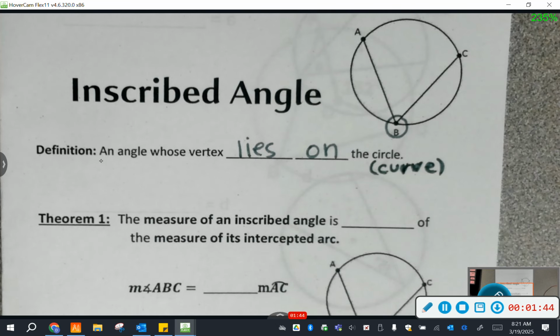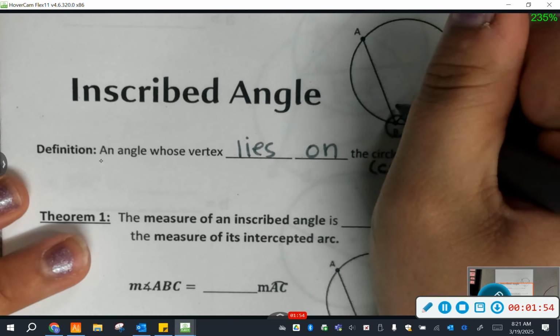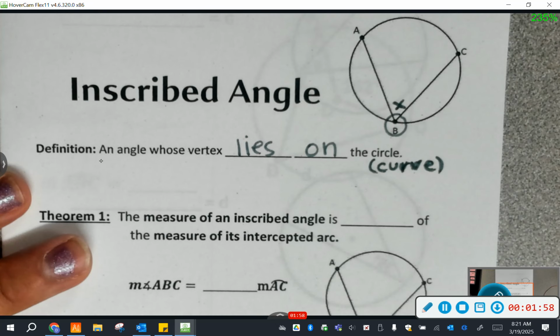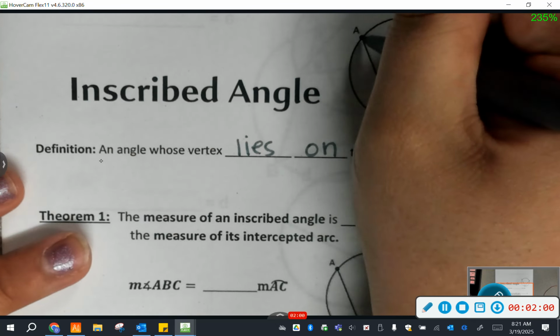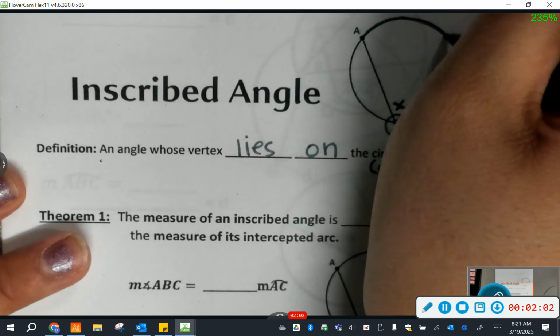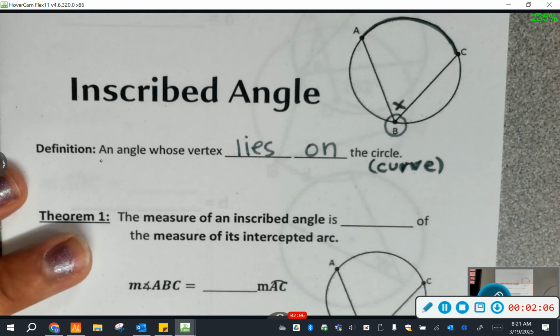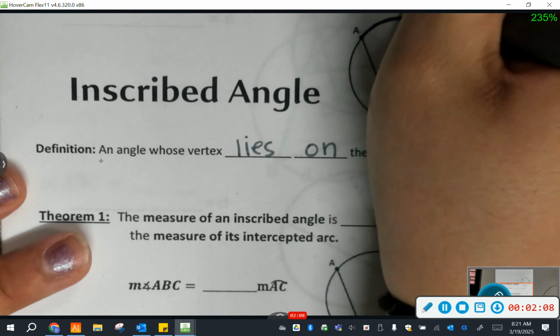And what's special about an inscribed angle is because it's not at the center, the angle is no longer going to be the same as the arc. But if this is X, put an X right there on that top picture, please. Anybody want to guess what my arc will be? It's going to be 2X.